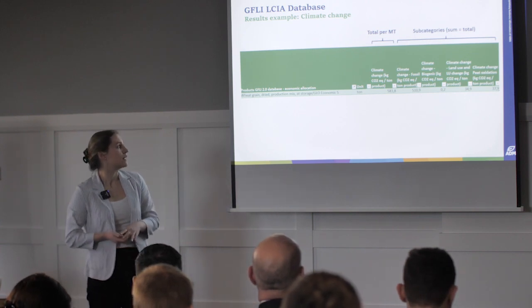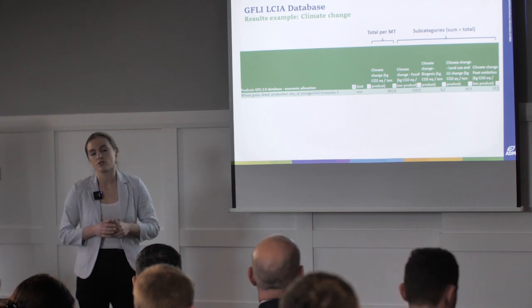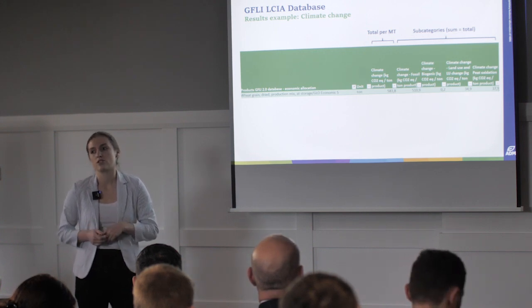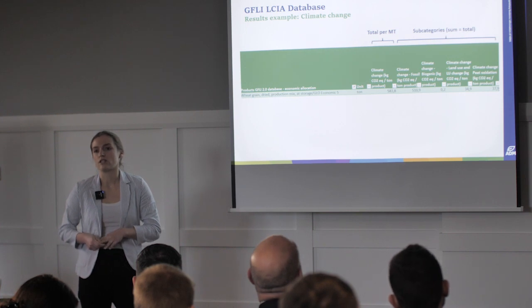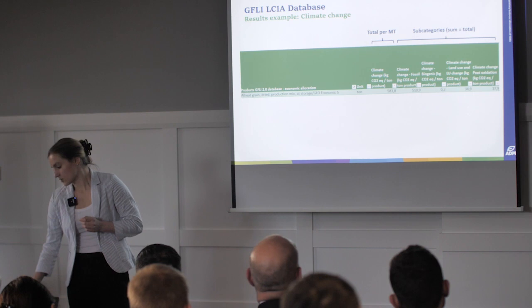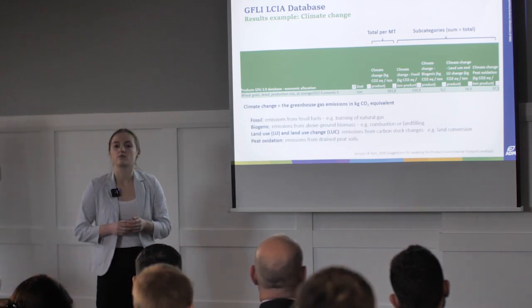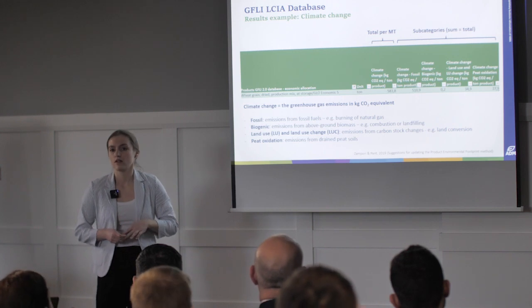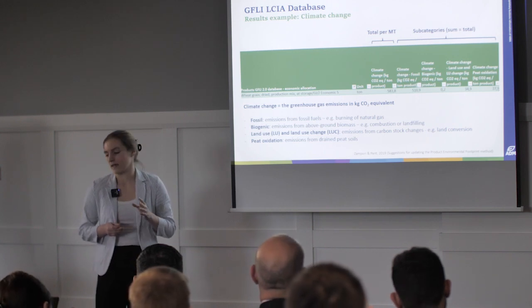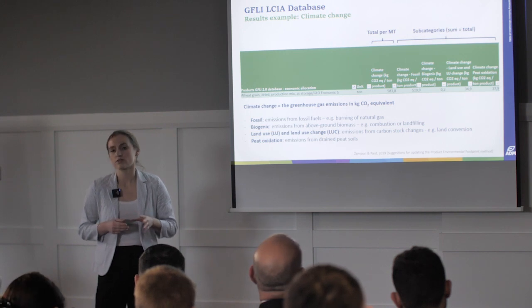And it consists of 4 subcategories. So you have fossil, biogenic emissions, and then land and land use change are separate, as well as peat oxidation. So peat oxidation is a new category that was added since the latest update. And in the end, it shows the emissions coming from drained peat soils.